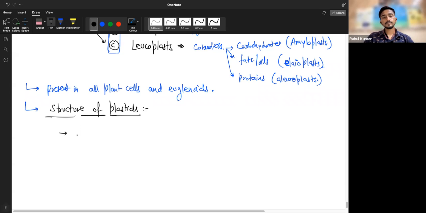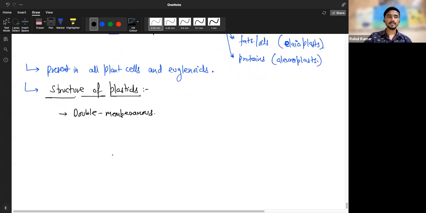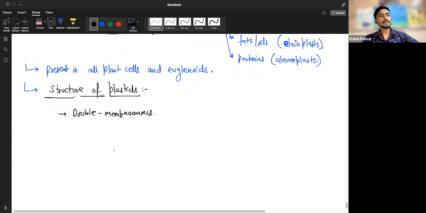First thing, they are double membranous. Now here the arrangement is slightly different. Here the inner membrane is not bigger than the outer membrane, because here the chemical activity is not happening in the membrane. They have other structures for it.